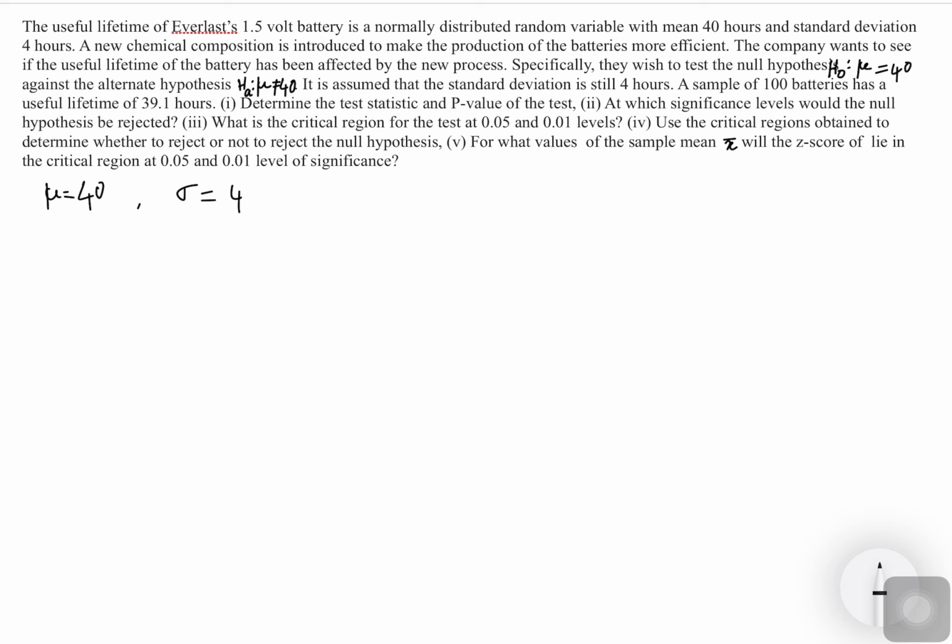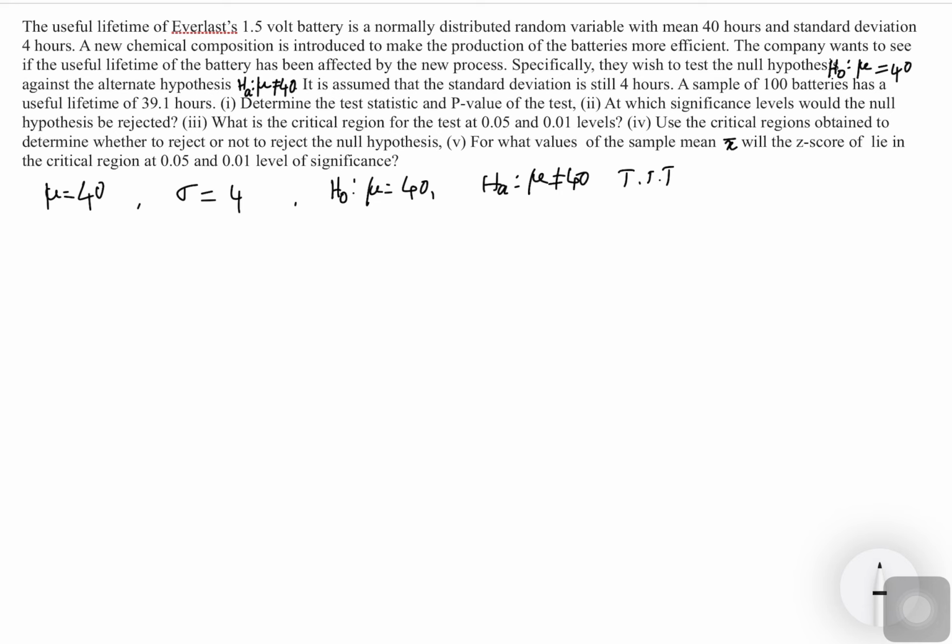Specifically, they wish to test the null hypothesis H naught as mu is equal to 40 against the alternate hypothesis HA as mu not equal to 40. So H naught is mu equals 40 and HA is mu not equal to 40. So this is the two-tailed test. It is assumed that the standard deviation is still 4 hours.